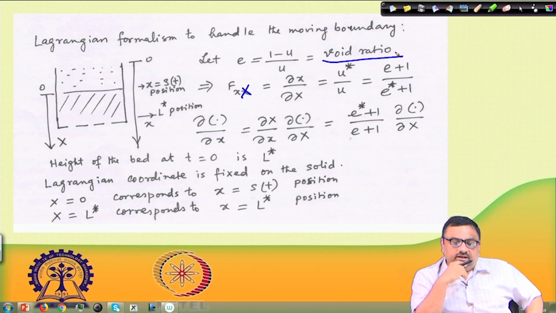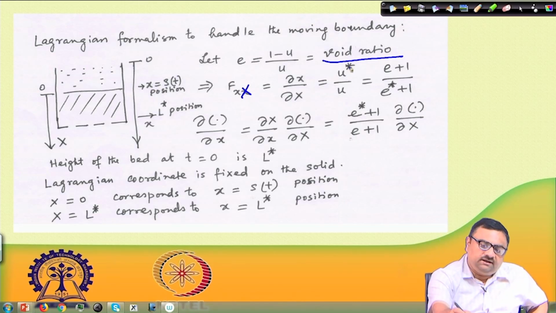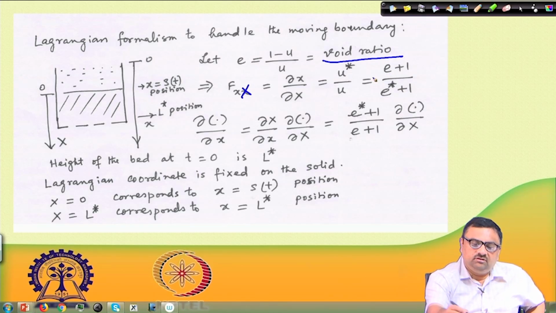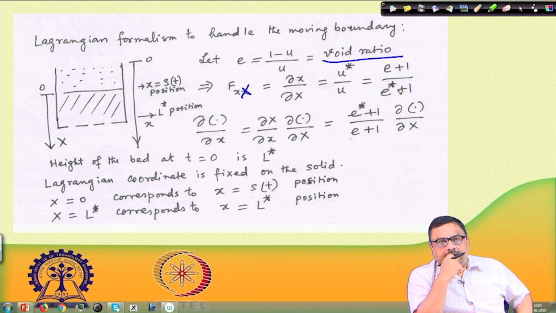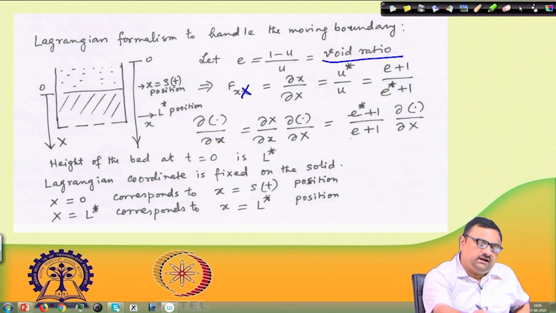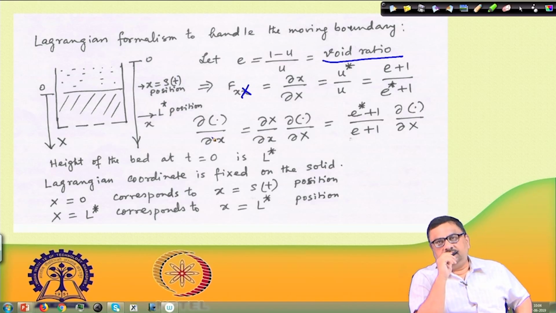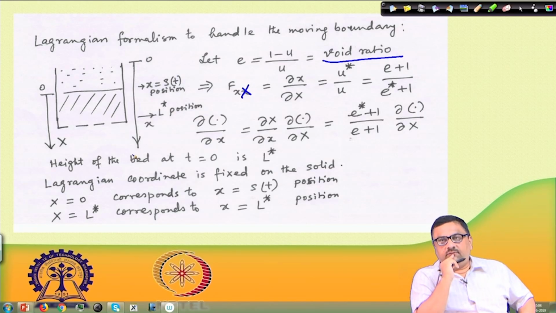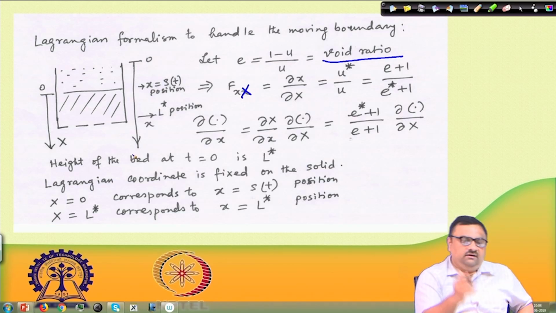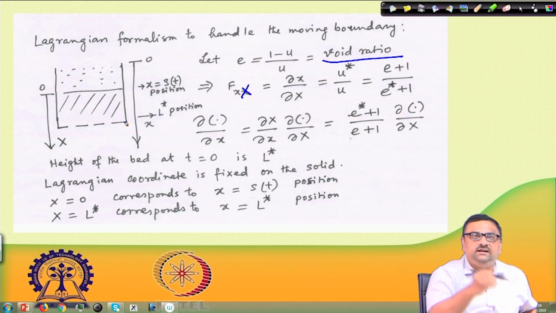So, then one can write, since u star by u, that f x x, so then this becomes u star by u would be equal to, if we do this exercise here, (e plus 1) by (e star plus 1). And any quantity, if we want to take a derivative with respect to small x, which we have been doing so far, for a fixed porous medium, because we are working with a fixed reference system which starts from the inlet.